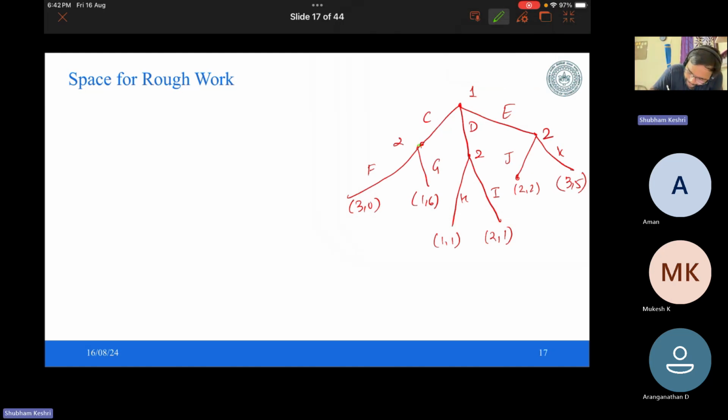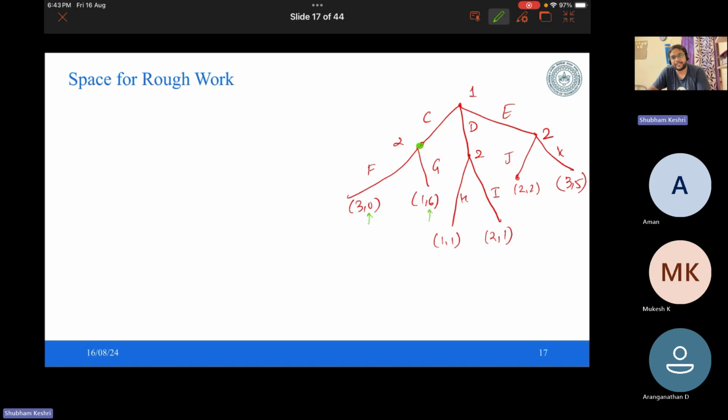So you see, at this node, player 2 has 2 actions, F and G. Now tell me what action 2 will take at this node? Over here the utility is 0, over here the utility is 6.